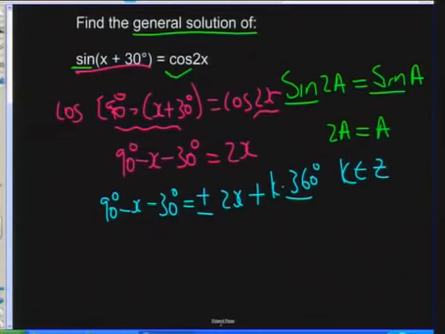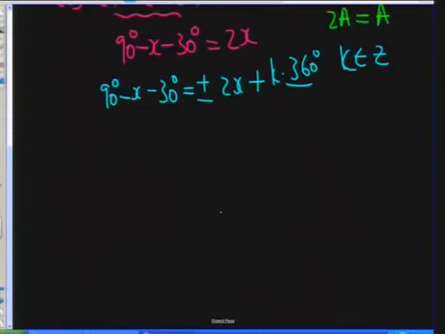So what can I do in this case? I have plus and minus, so I can split these two. Let's start with the positive one. So it's 90 minus x minus 30 degrees is 2x plus k times 360 degrees. Great. I took the one with a positive sign. So what can I do?